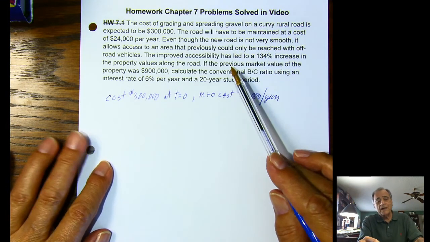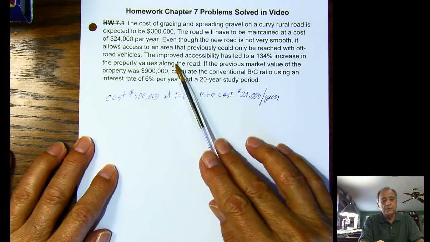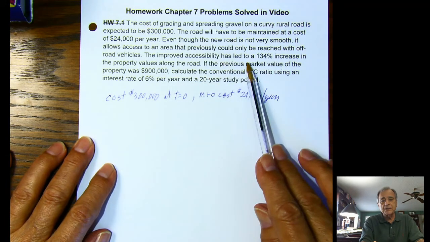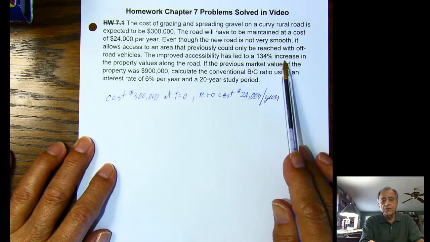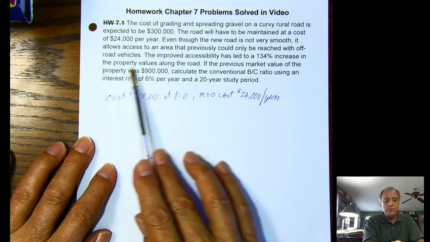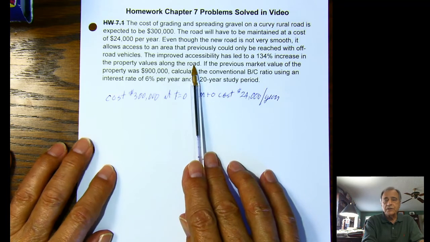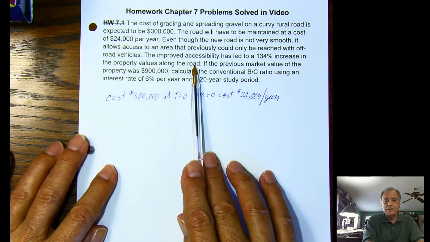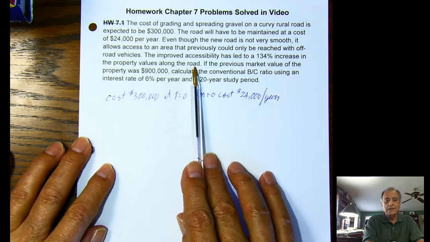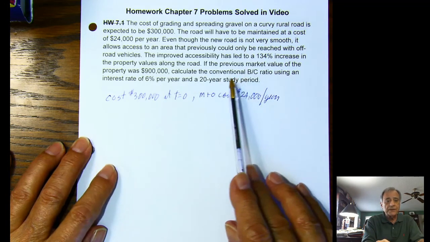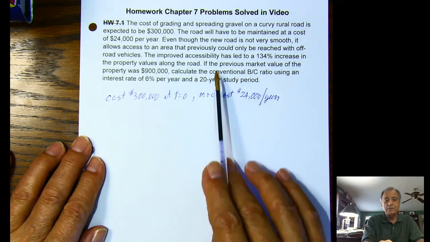The question is now, what's the benefits? The improved accessibility has led to a 134% increase in the property values along the road. So there's going to be a benefit to these property owners, and they're part of the public, so to speak.